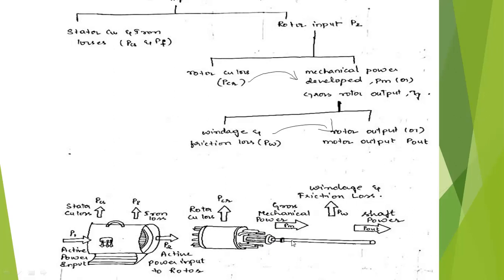And from this, due to the air and the rotating parts, you get windage and friction losses. From the gross mechanical power, you have to omit these windage and friction losses, and now we get the shaft power. This is the final output power, BHP, brake horsepower. Okay, so these are the power stages.